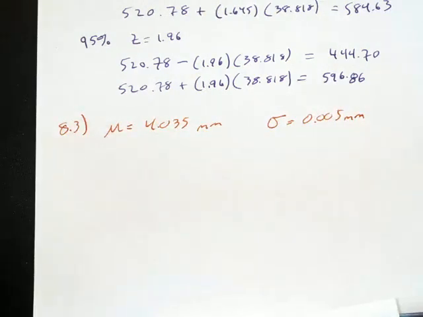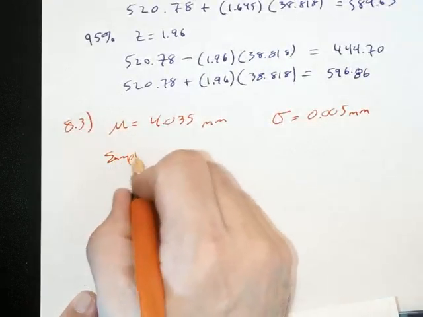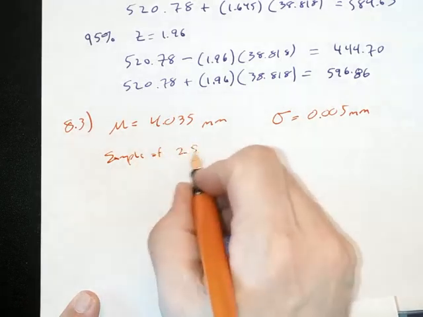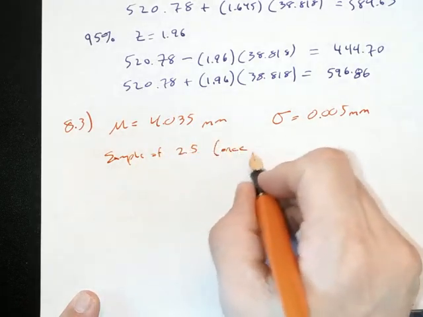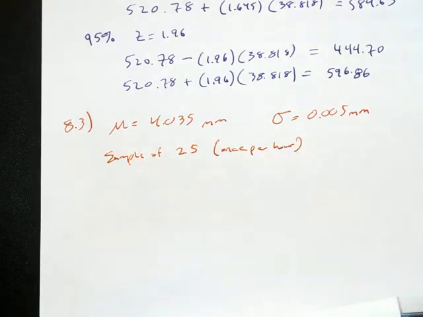Every hour, we take a sample of 25 bushings and we measure them. Find out what their diameter is. So we're doing a lot of quality control on this particular manufacturing process.